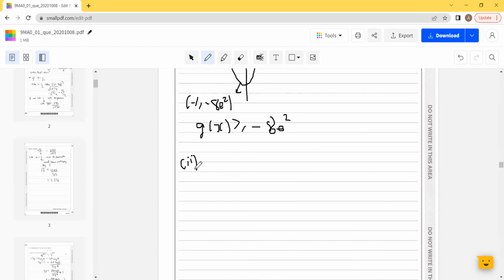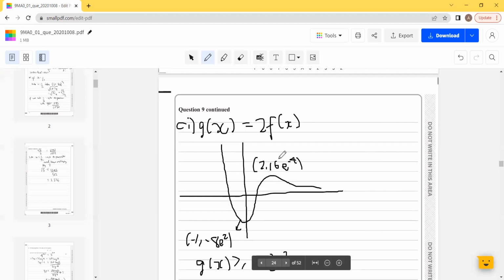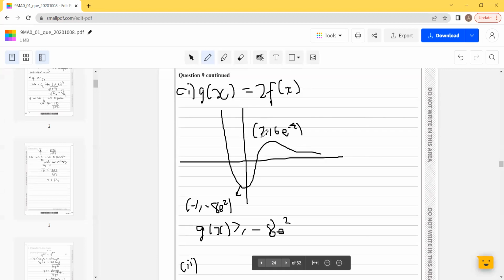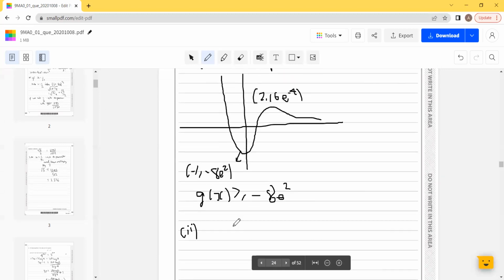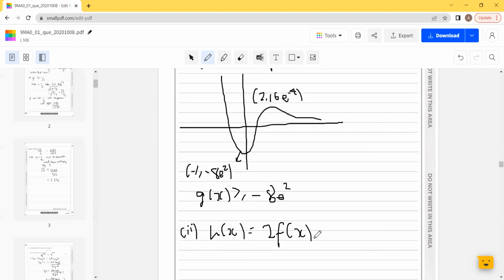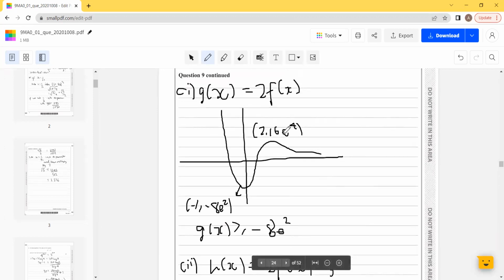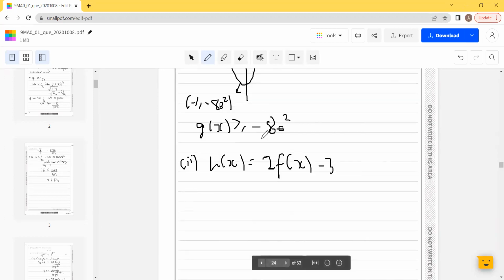Now for h of x, part Cii, we'll have to do a similar thing. In this case, we're doing the same thing, except also subtracting 3. So h of x is 2 times f of x minus 3. What happens is that the 16e^-4 will just become 16e^-4 minus 3.